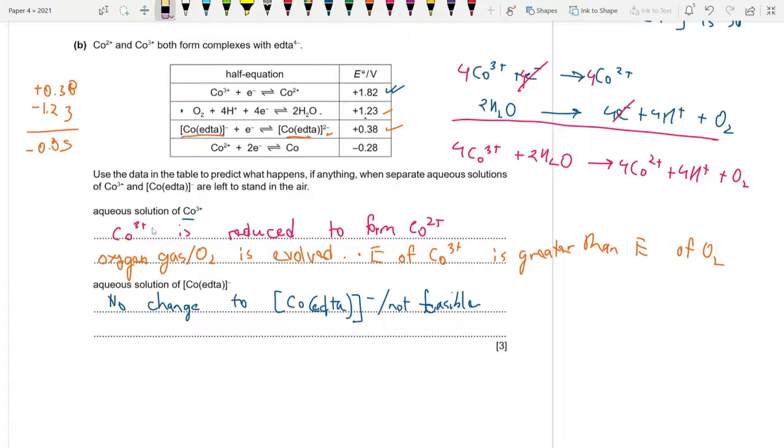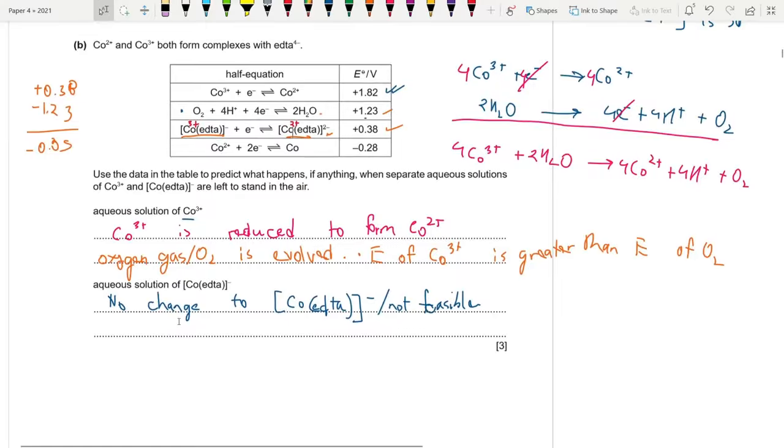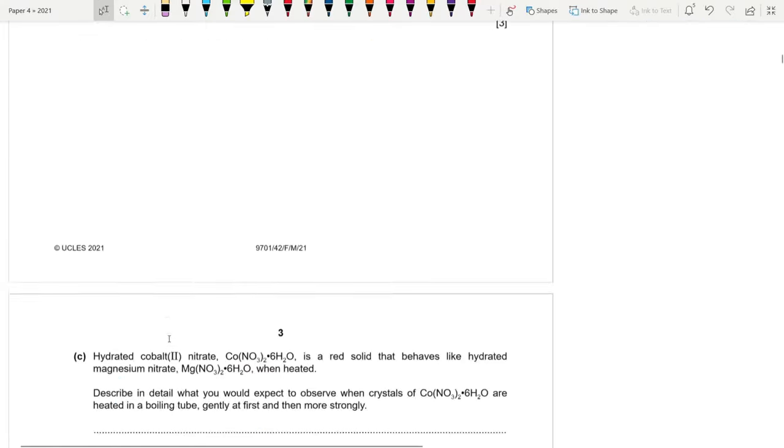But cobalt 2 plus won't be oxidized to cobalt 3 plus, and cobalt EDTA minus, this is basically cobalt 3 plus here. This cannot be reduced to cobalt 2 plus EDTA, okay? Net charge being 2 minus, that's not a possibility. Remember this. To be feasible, the net value of E cell must be positive.